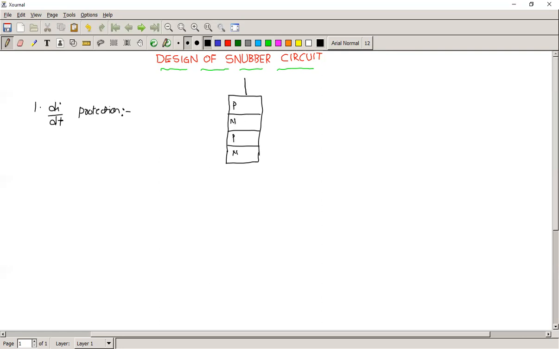This is the anode, this is the cathode, this is the gate segment. The current passing at this point is the anode current. This is the junction J1, junction J2, junction J3. Here we apply the gate voltage VG. This current is the gate current.